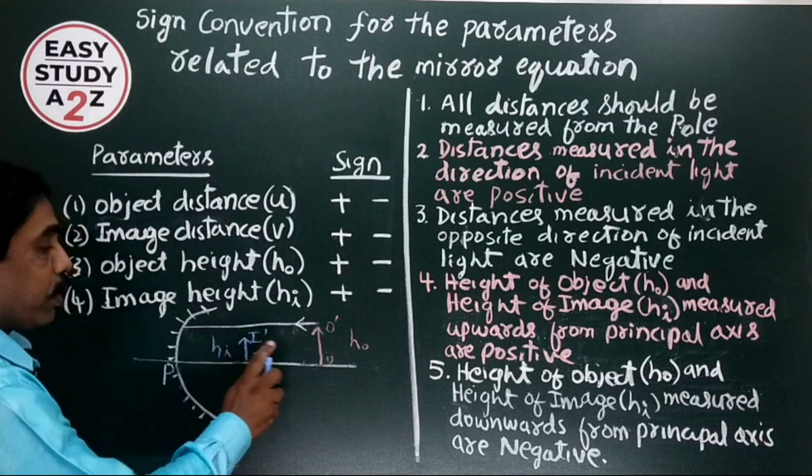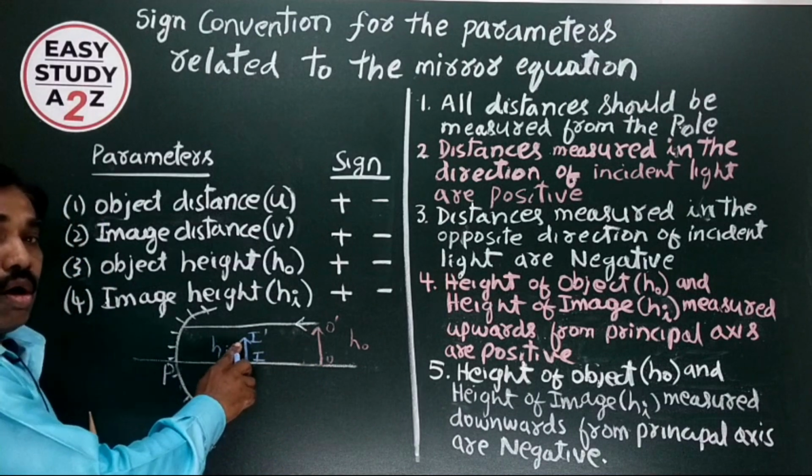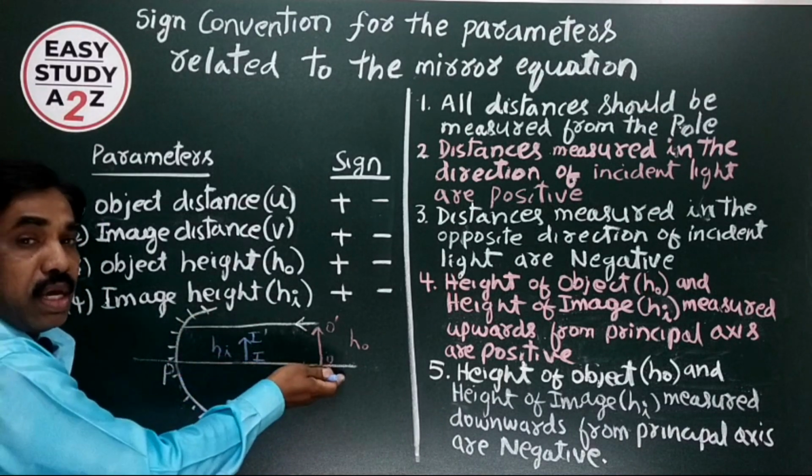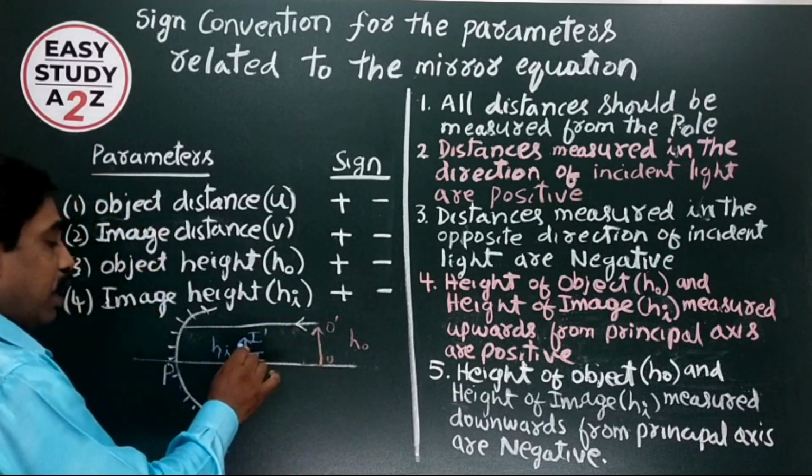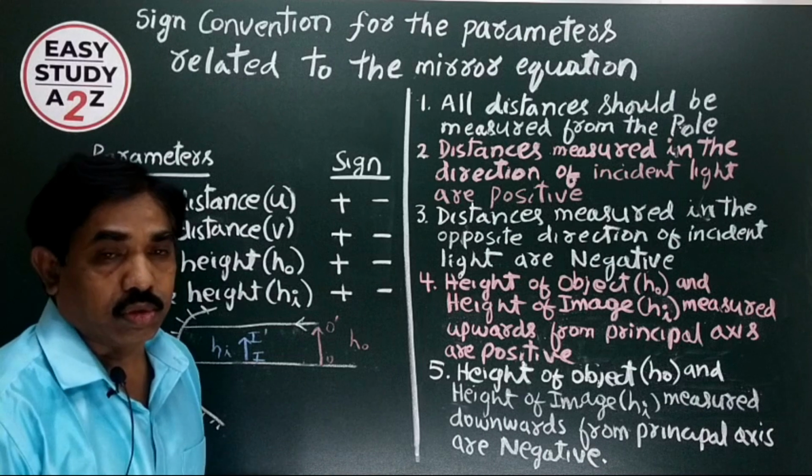Here the object and image are standing on the principal axis, so we have to take the height of the object and height of the image as positive.